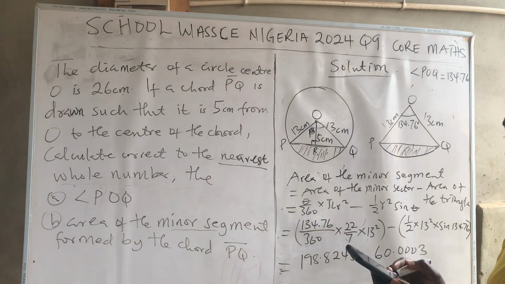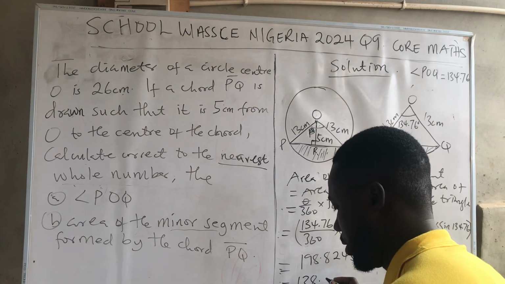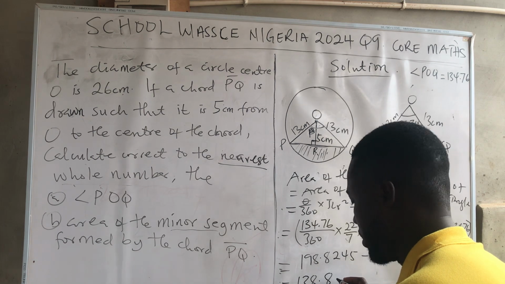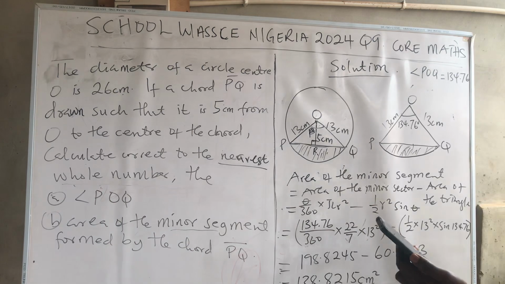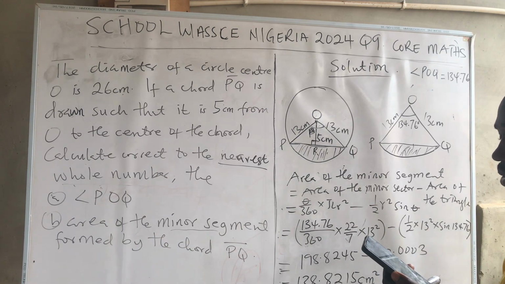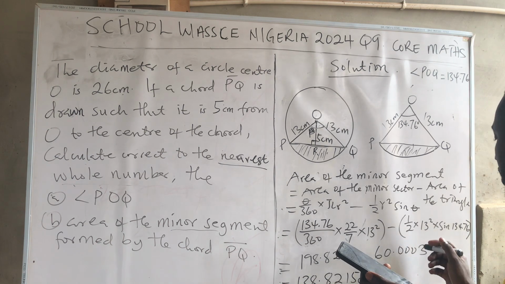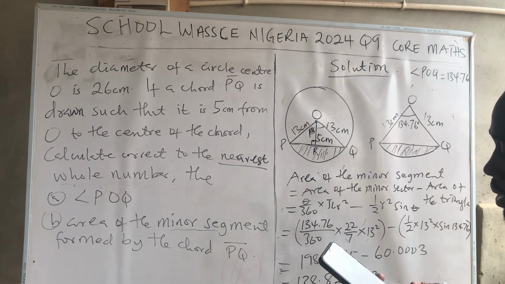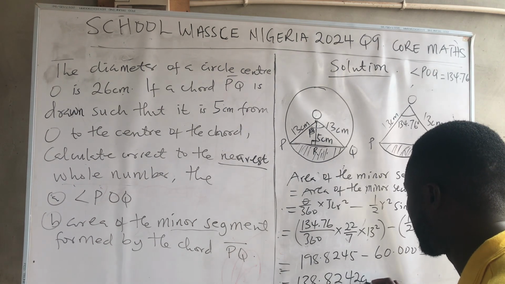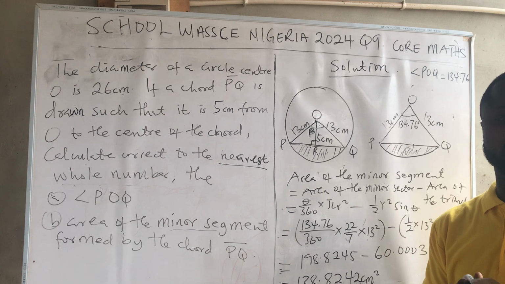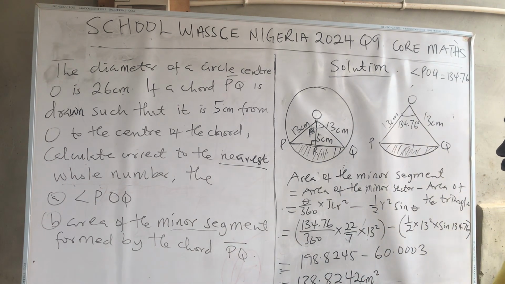That will give us 138.8242 centimeters squared. So this is the answer that we have.